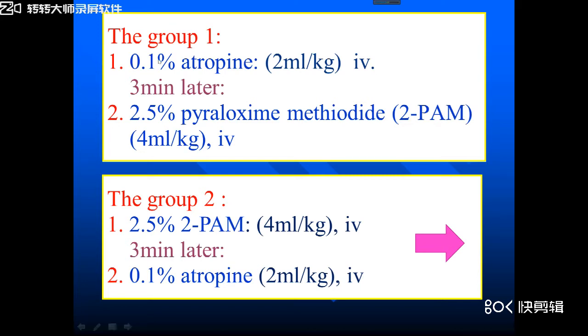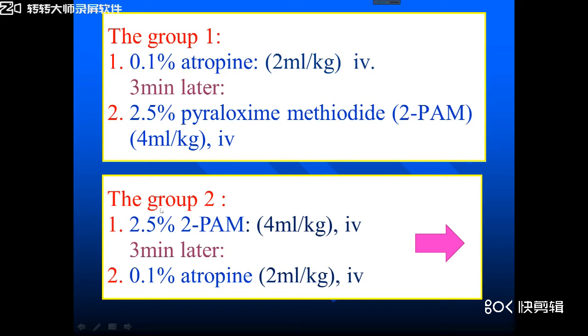For example, in the first group, you inject atropine. After you inject atropine, the enzyme effect is slowed by atropine, but the rabbit is still paralyzed, and then we use pralidoxime chloride to relieve the paralysis.